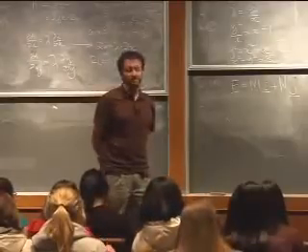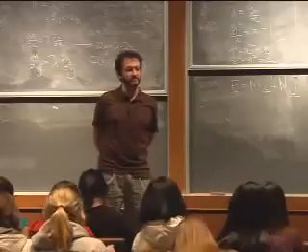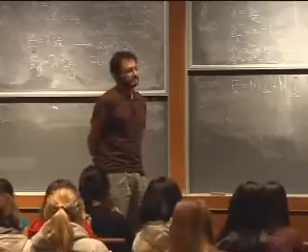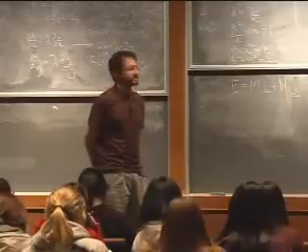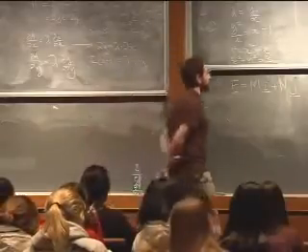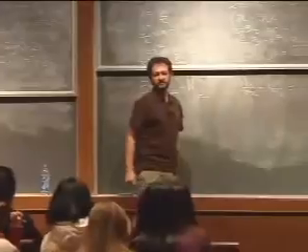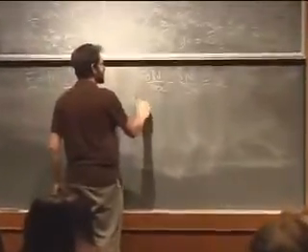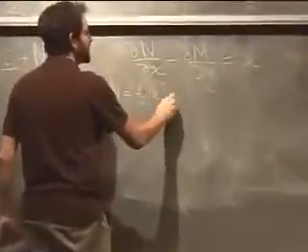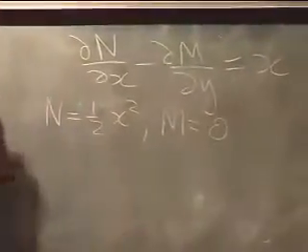You can make one of them equal 0. Which one do you want to equal 0? M or N? M? Okay, if you set M equals 0, then what's N got to be? X squared over 2. So one possibility is that N equals a half x squared, and then M equals 0.